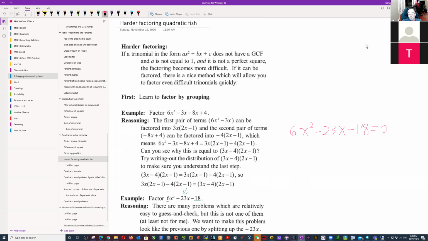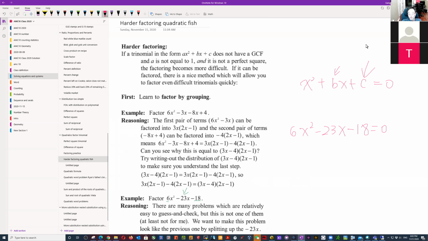Given this type of situation, if you have a monic x squared plus bx plus c equal to 0, then you just factor c and make sure the two factors add up to b, then it works.